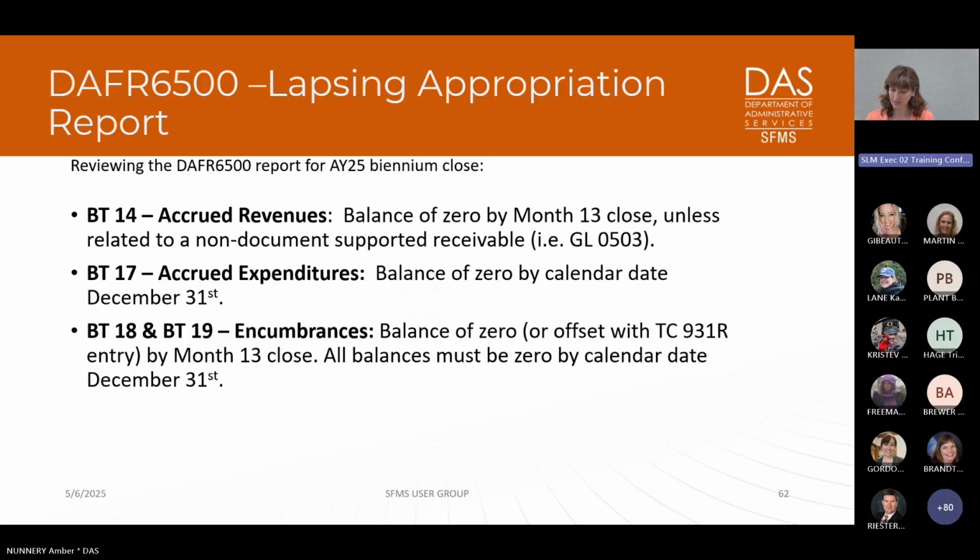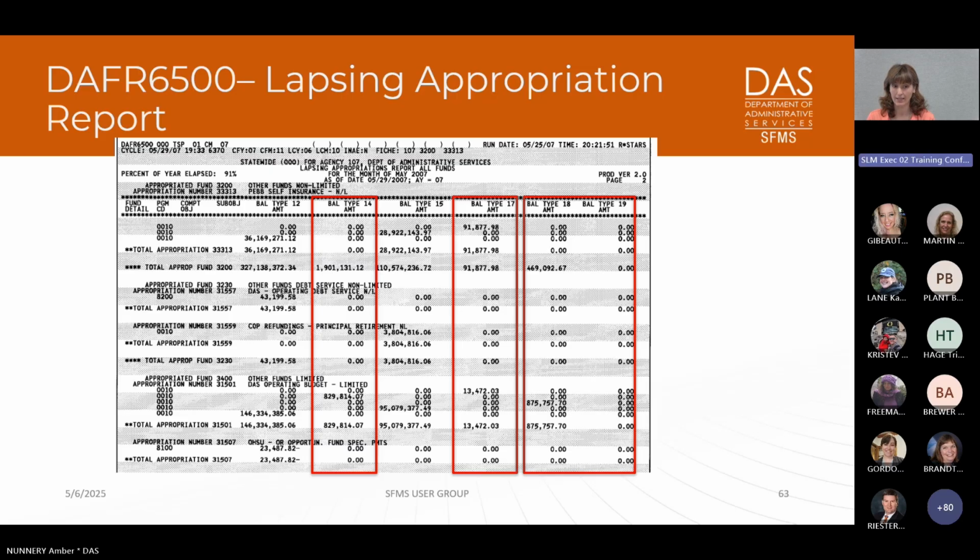BT 17, accrued expenditure, balance should be zero by calendar date December 31st. And BT 18 and 19, encumbrances, balances should be zero or offset with T code 931R by month 13 close. All balances must be zero by calendar date December 31st. And here's an example of that DAFR and important columns.